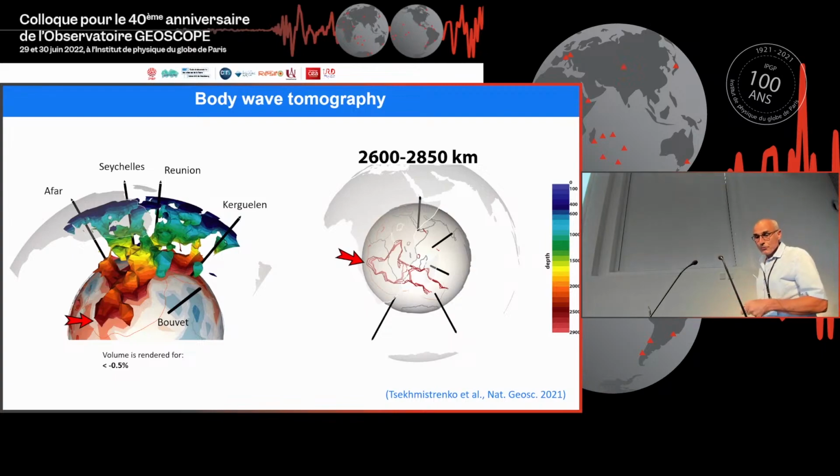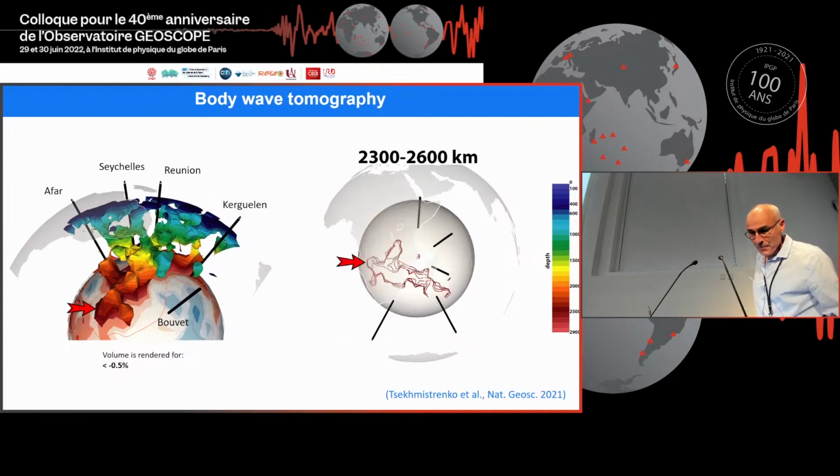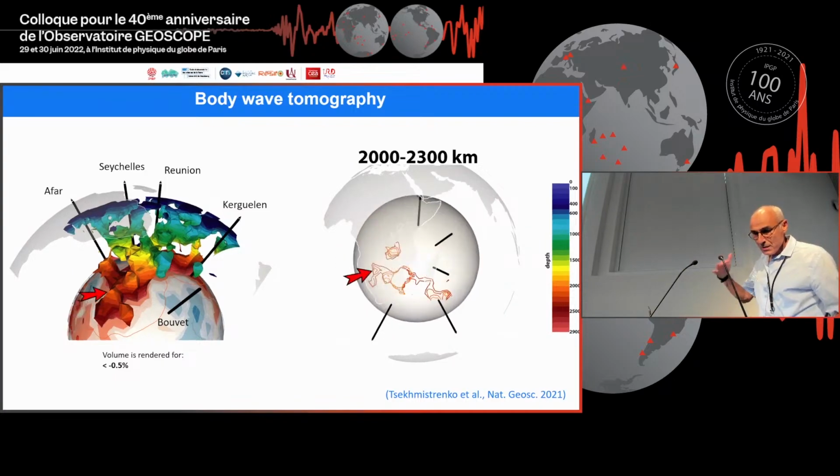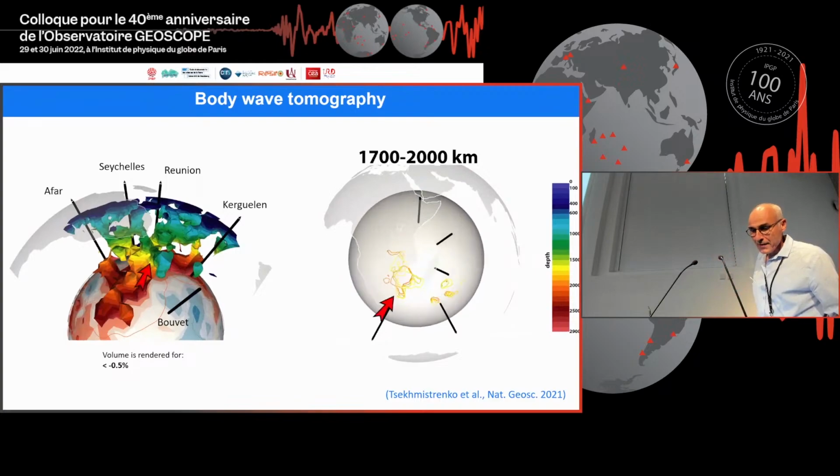As we go from the bottom to the surface, here we observe a large low velocity structure just above the CMB, so at the bottom of the lower mantle, which is trending more or less northwest-southeast. As we go upward in the lower mantle, this structure focuses beneath Mozambique as a chunk here in yellow.